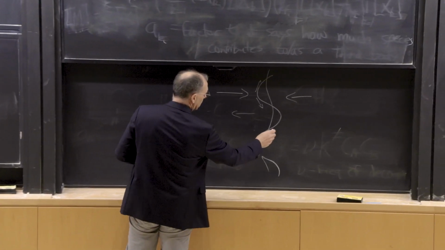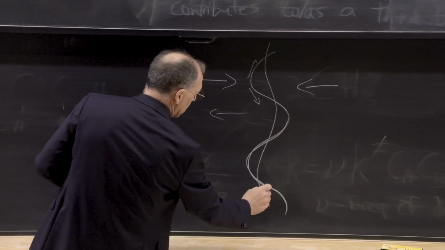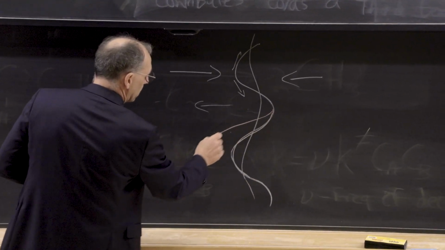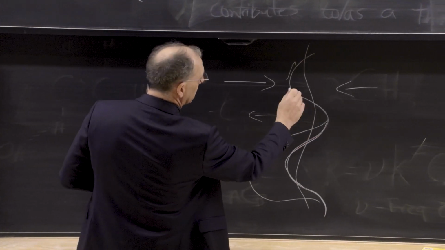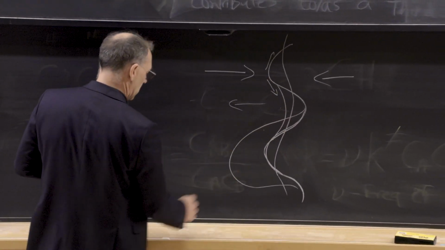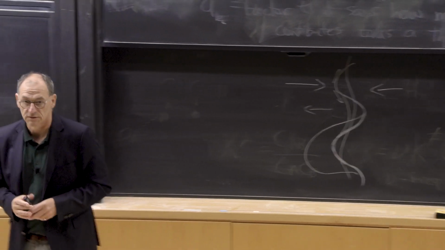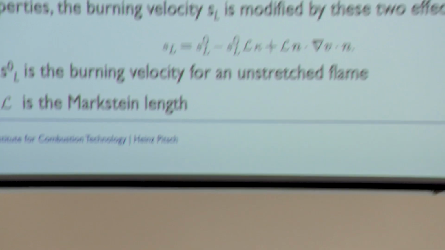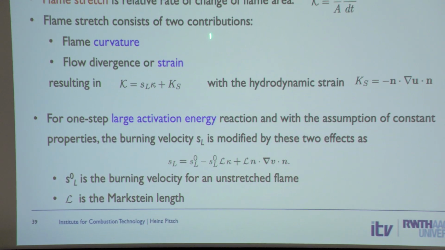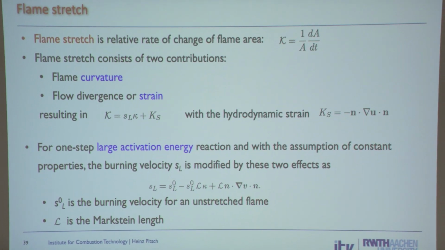Maybe I can show this here also. So here this has positive curvature. If this burns a little longer, then it will look like this, and I make the surface larger. This one here will look like this later on, and it made the flame surface a little smaller. So it's curvature and strain, let's keep that in mind.